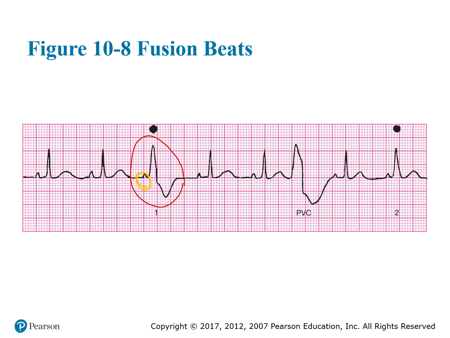Let's take a look at this other fusion beat. This one looks more like a ventricular rhythm because there is no P. So it looks more like the father than the mother, whereas the first one looks more like the mother than the father due to that hidden little P right before the PVC forms. Those are what we call fusion beats. They take on the characteristics of either a sinus beat, just wider, or a ventricular beat, just wider. It's a PVC.